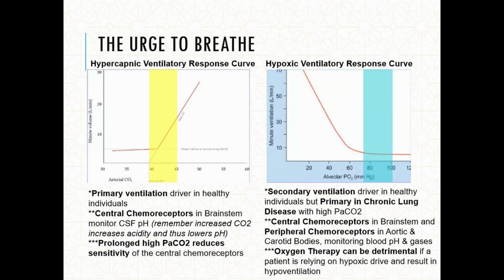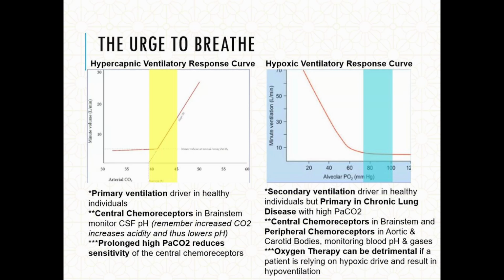Now, let's talk about the key points for our hypercapnic urge to breathe. We want to make note that it is the primary ventilation driver in healthy individuals, and that urge to breathe is mainly driven by our central chemoreceptors, which are located in the brainstem, the medulla pons if you want to be extra specific, and they're monitoring the pH of our cerebrospinal fluid.